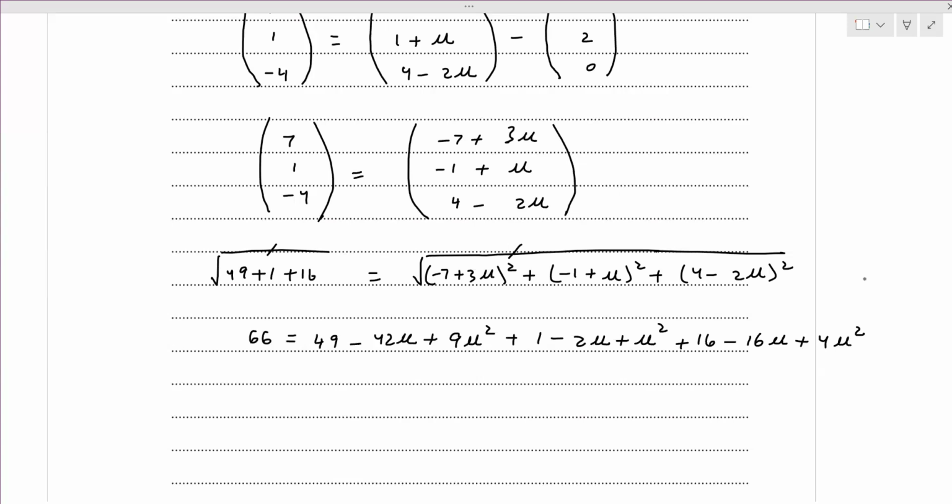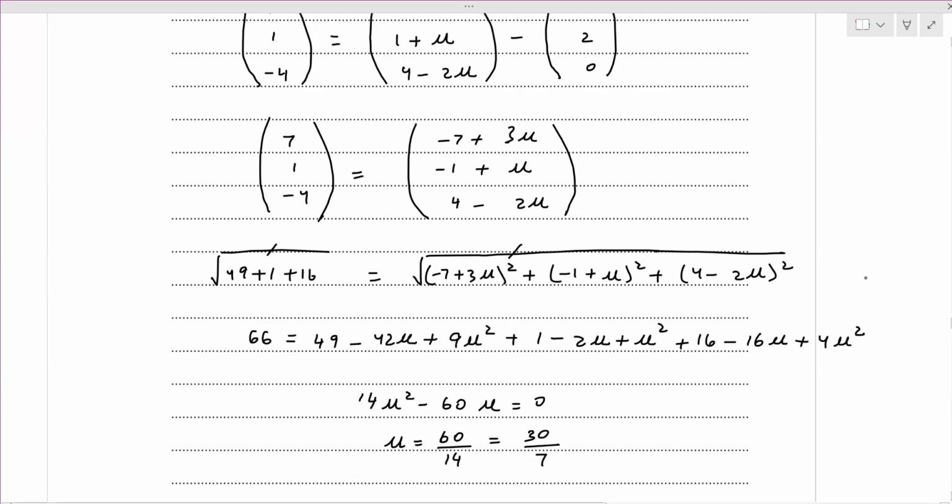So therefore, by simplification, it will be 14 mu squared minus 60 mu is equal to 0. And according to this, the value of mu is 60 over 14, which is equal to 30 over 7.